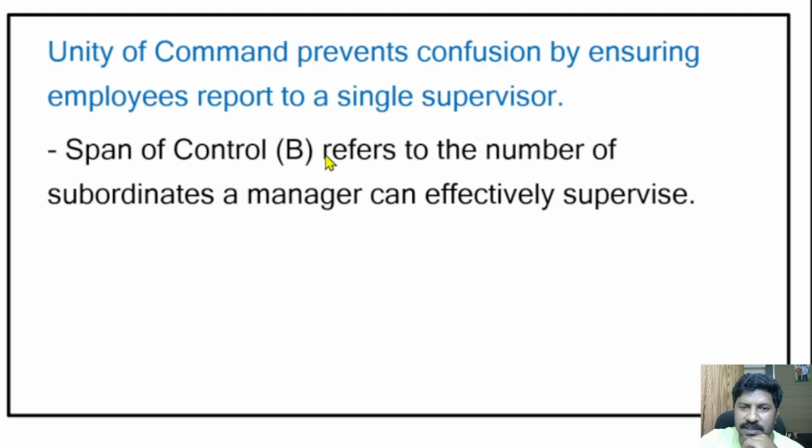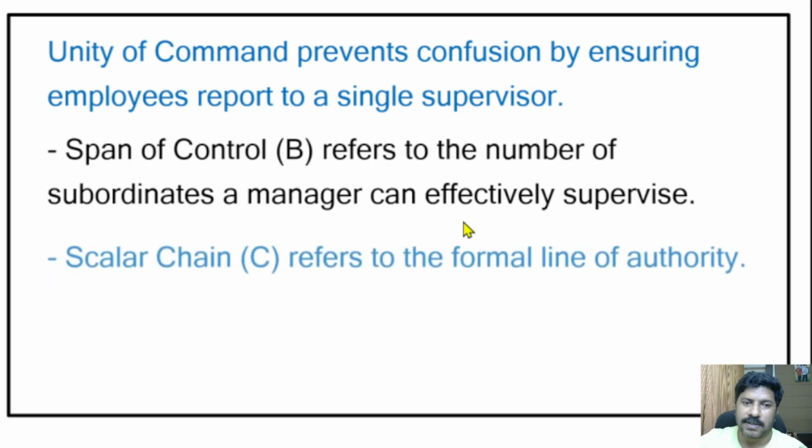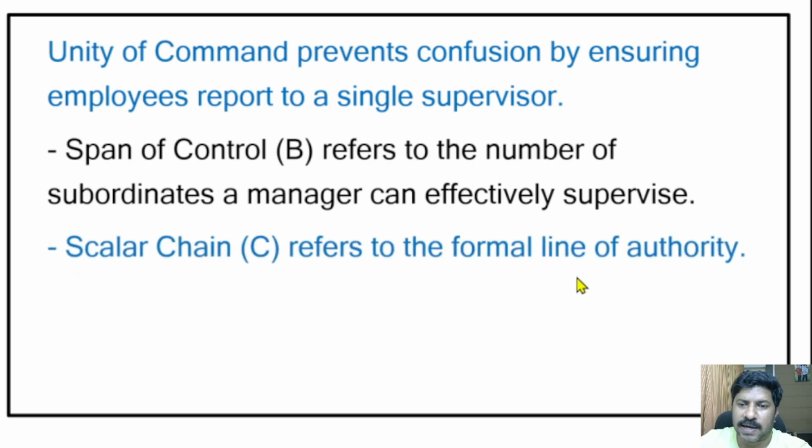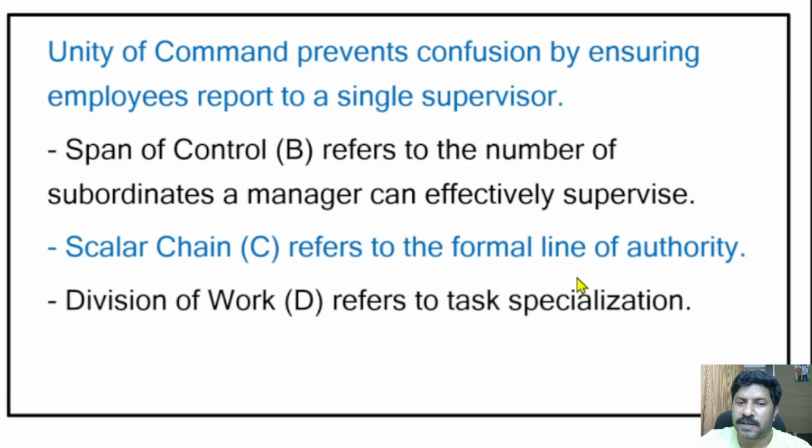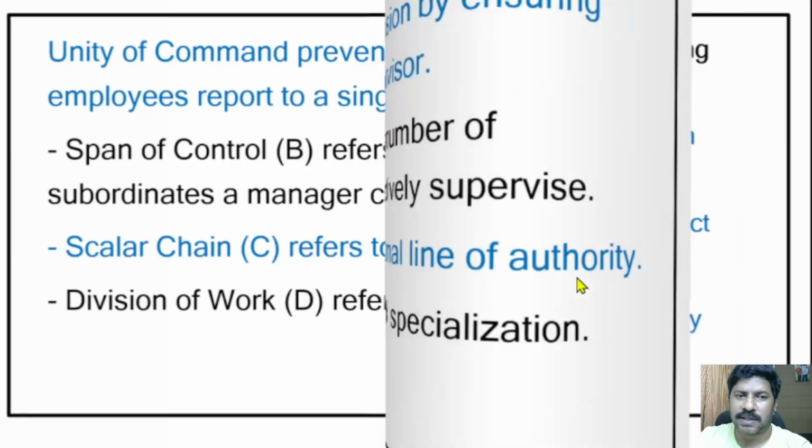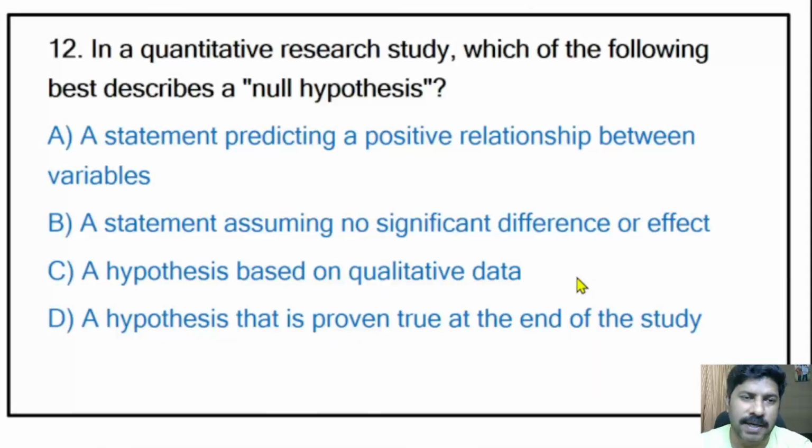Span of control refers to the number of subordinates a manager can effectively supervise. Scalar chain refers to the formal line of authority. The last one, division of work, refers to task specialization. So these are the options explained here.